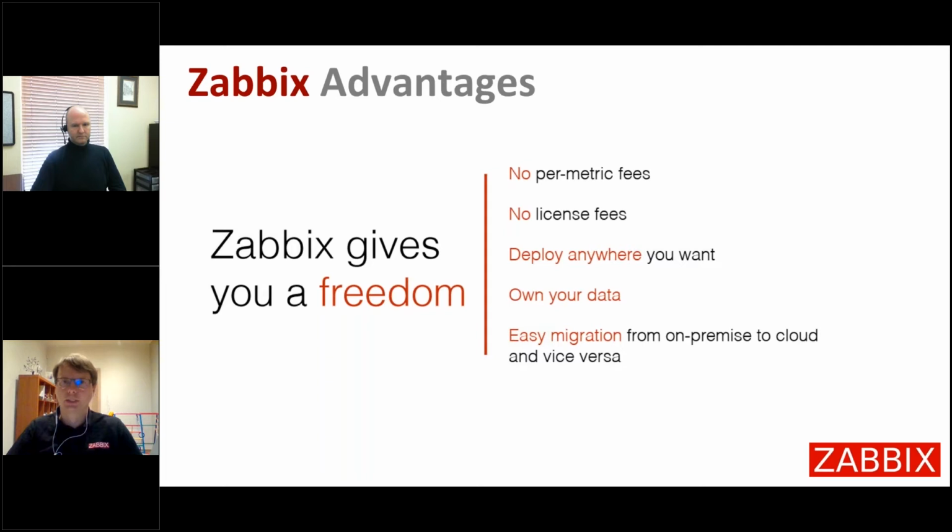You don't need to buy any licenses. There are no fees. You can deploy Zabbix anywhere. You can deploy it on premises. You can deploy it on your Raspberry Pi. You can go into the cloud. You can find containers for Zabbix. And what is important is that it's not a SaaS solution. So you own it. You own everything.